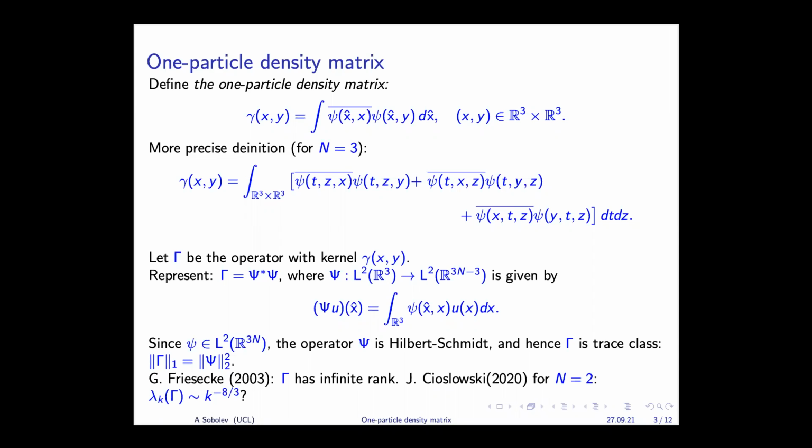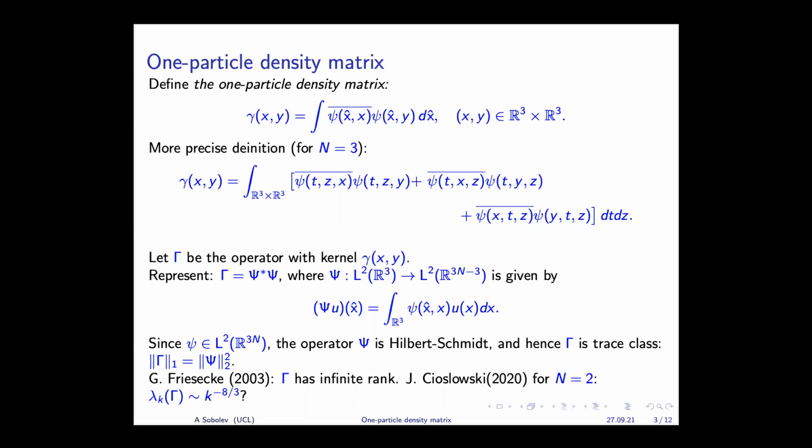And then when you talk to mathematical physicists or people in quantum chemistry, they will say that this information is actually very important for a very simple reason: in quantum chemistry, you do calculations by approximating this matrix or this operator by finite dimensional operators, finite rank operators.